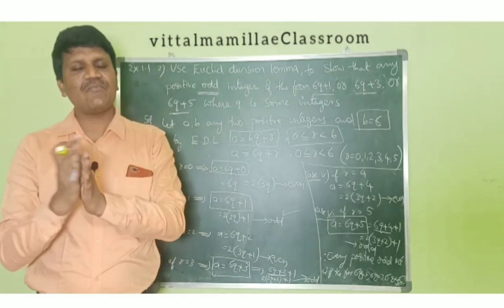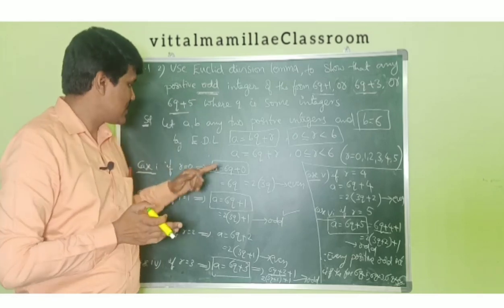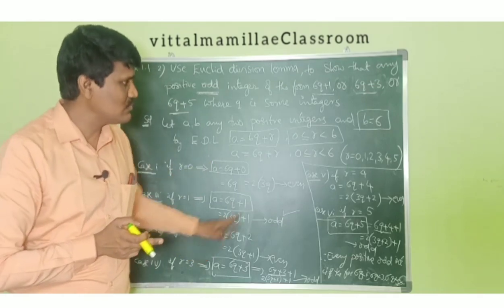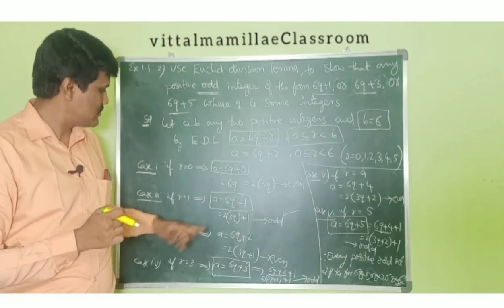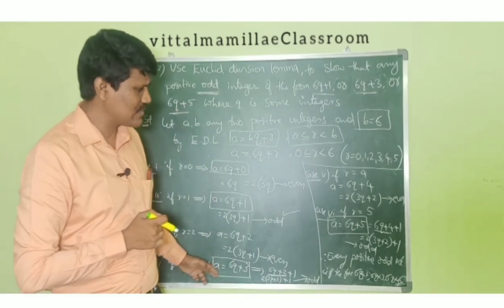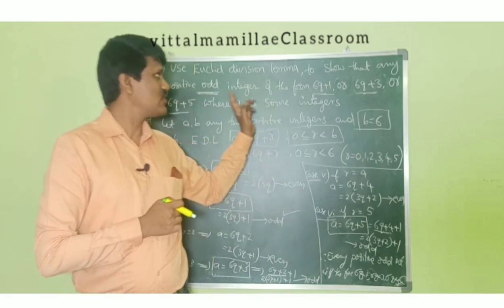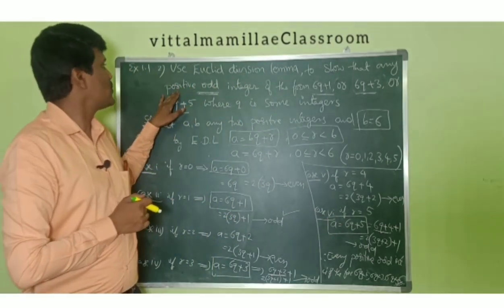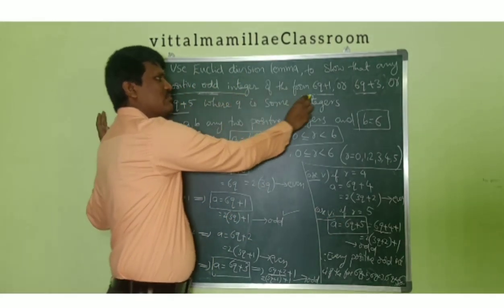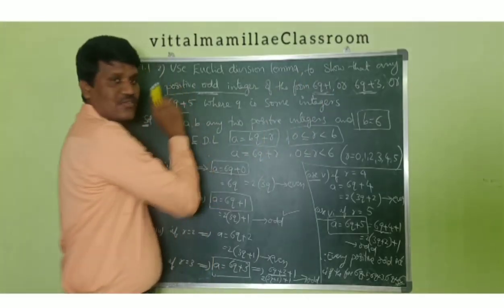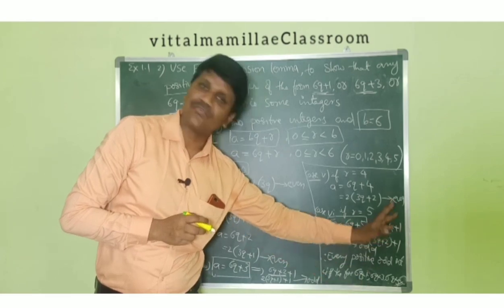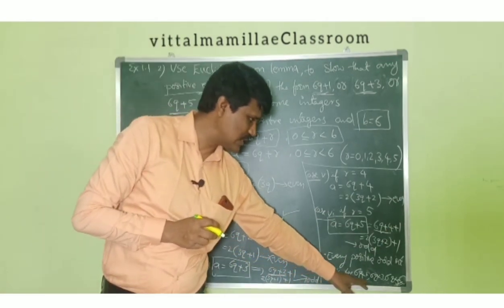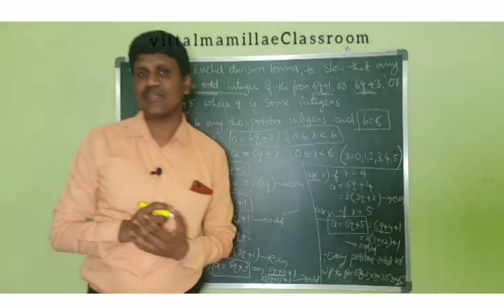One is even positive integer is of the form 6q, 6q plus 2, 6q plus 4, and odd positive integer is of the form 6q plus 1, 6q plus 3, 6q plus 5. This question is given as show that any positive odd integer is of the form 6q plus 1, 6q plus 3, 6q plus 5. So this is the way to find it.